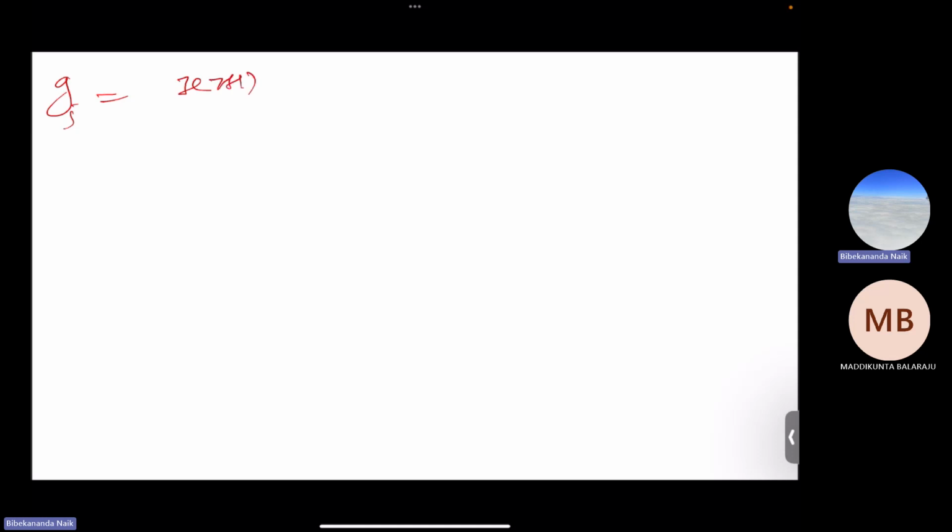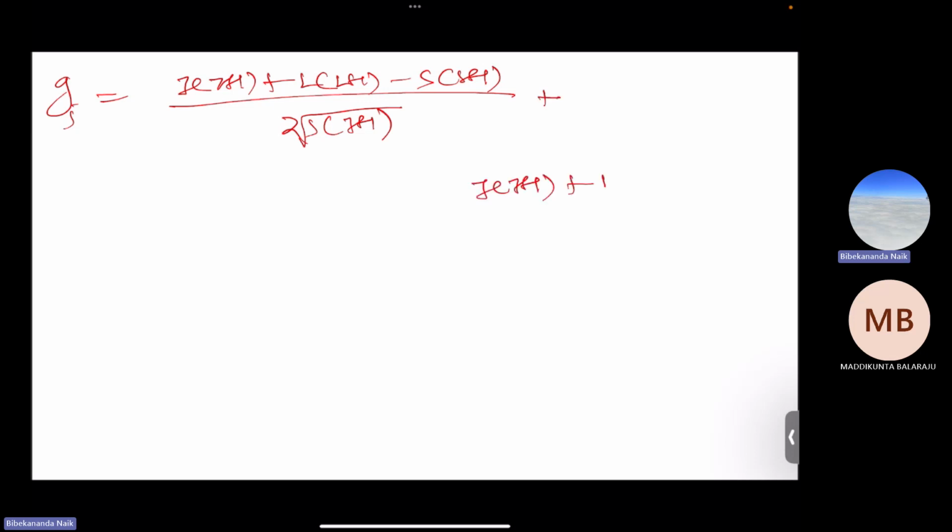The expression for Gj will be J into J plus 1 plus L into L plus 1 minus S into S plus 1, divided by 2 root over J into J plus 1, plus J into J plus 1 plus S into S plus 1 minus L into L plus 1, divided by 2 root over J into J plus 1.